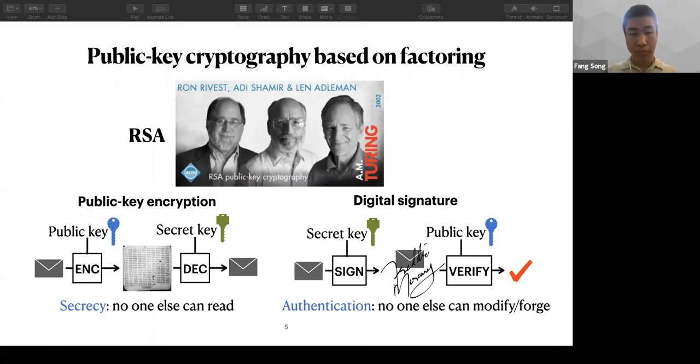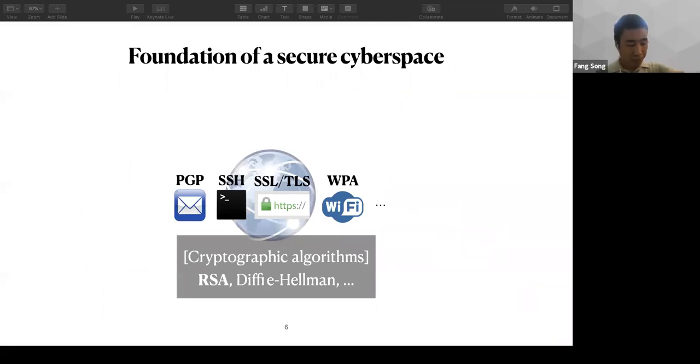Let's see some examples. Here are some cryptographic protocols, such as secure shell and HTTPS, which protect our information when we surf the web.